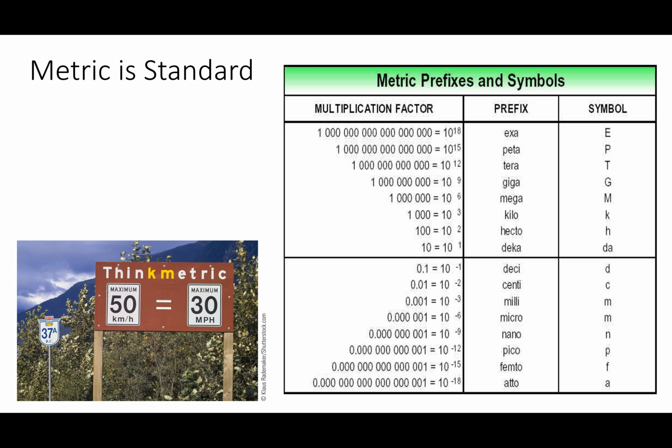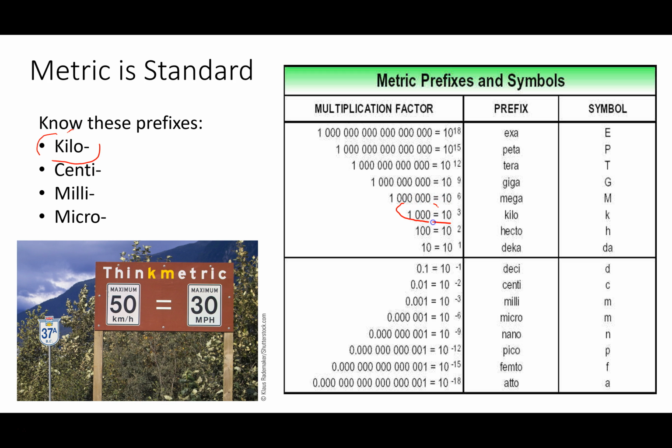Oh my gosh, all these prefixes. Make it go away. Well, the prefixes I need you to know are the 4 over there on the far left. See if my pen works this morning. So I need you to know kilo, and kilo is right here.